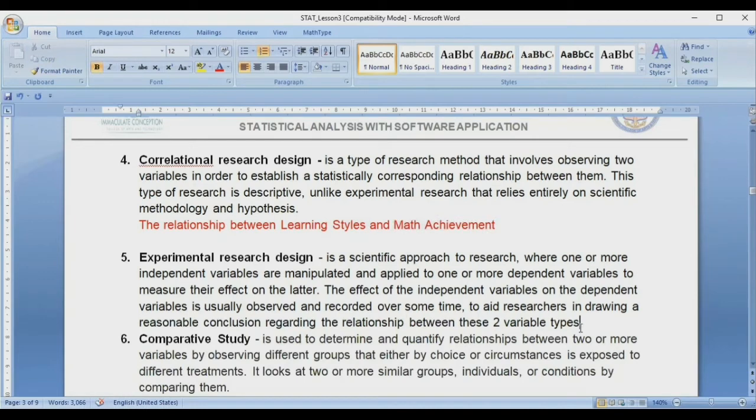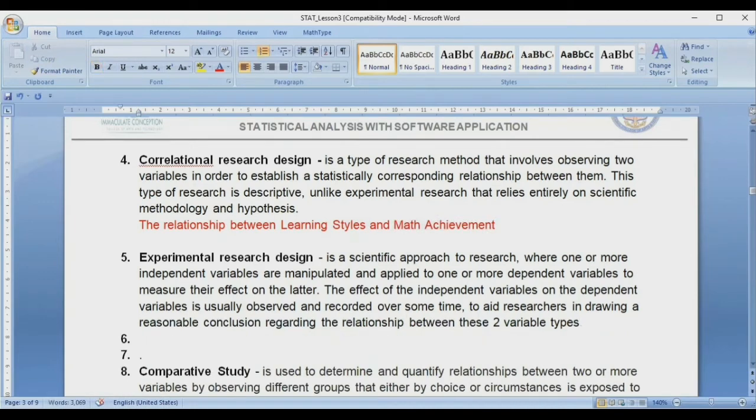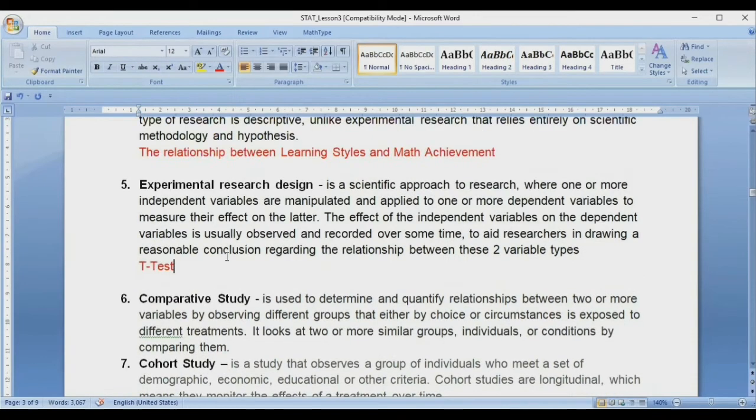Then experimental. Sa pag-experimental research, medyo higher na ito. The test that we're going to use is statistical treatment. Madalas ginagamit t-test. Tapos, more on ang mga title niya, yung the comparison or the assessment also of the performance of students in math and science.